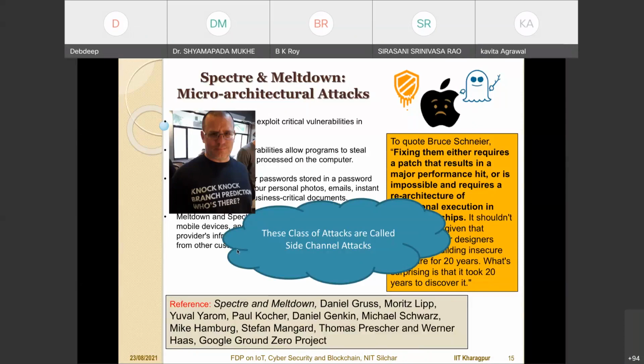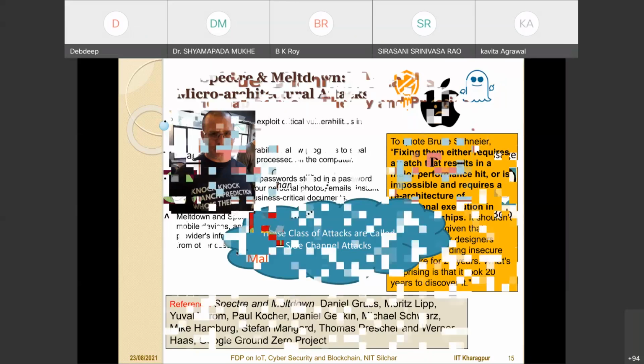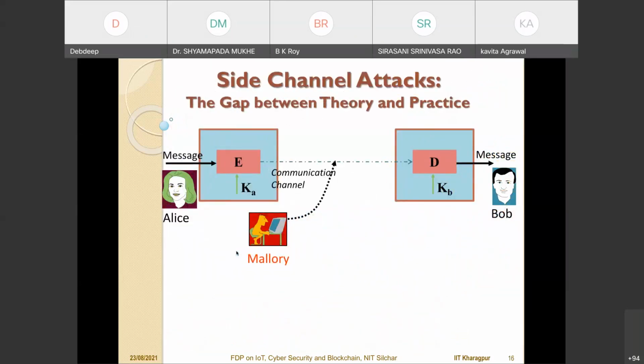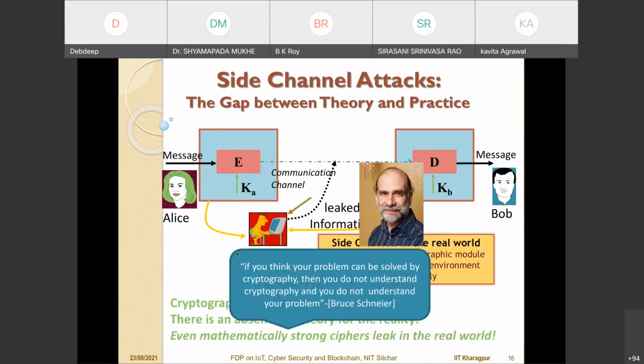In this case, the side channel attack works by manipulating the branch prediction and the speculative execution of present day computing systems. So, as I said, side channel attacks try to address this gap between theory and practice. And if you think that this problem can be solved by cryptography, then we do not understand either cryptography or the problem. It is not really about adopting cryptography, but about how you implement cryptography.